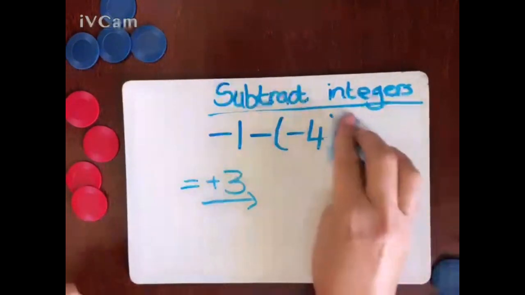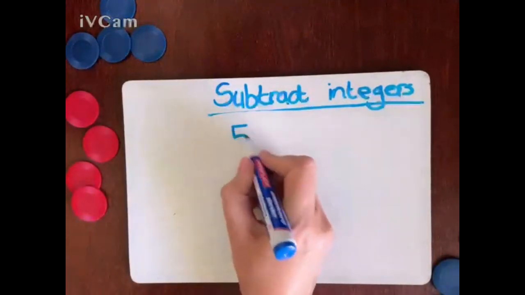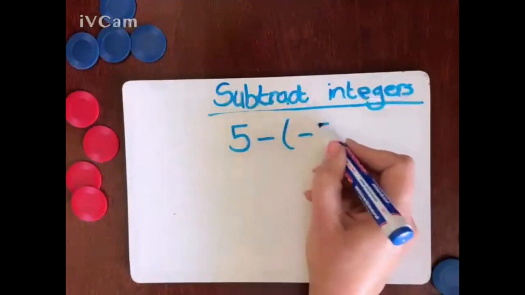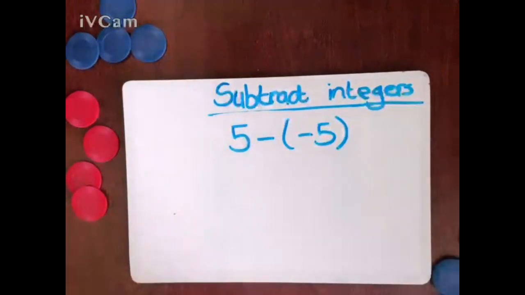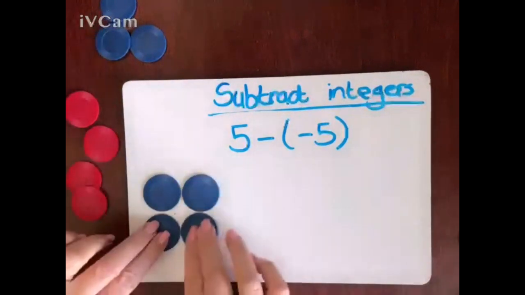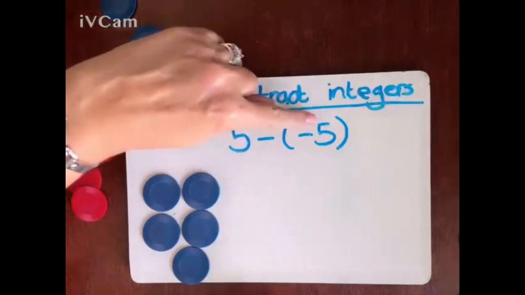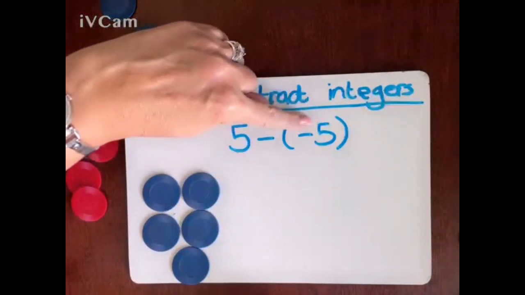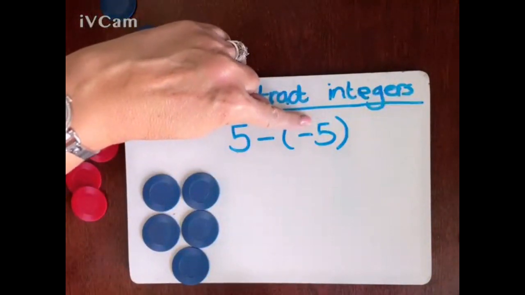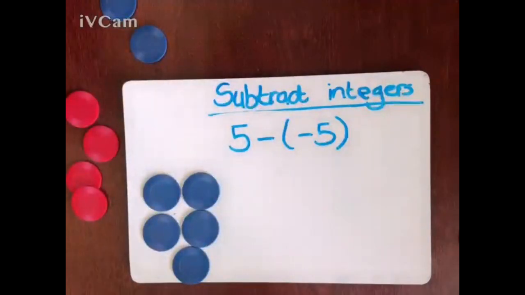Right, let's do this one. 5 take away -5. Right, let's start. I've got 5 positive discs, and I want to take away 5 red ones, 5 negative ones. But I do not have 5 negative discs. No problem.